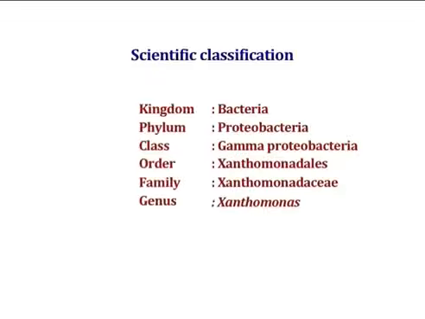Now let us see about the scientific classification of this bacteria. Kingdom Bacteria, phylum Proteobacteria, class Gammaproteobacteria, order Xanthomonadales, family Xanthomonadaceae, and genus is Xanthomonas. Now coming to the character of this pathogen.